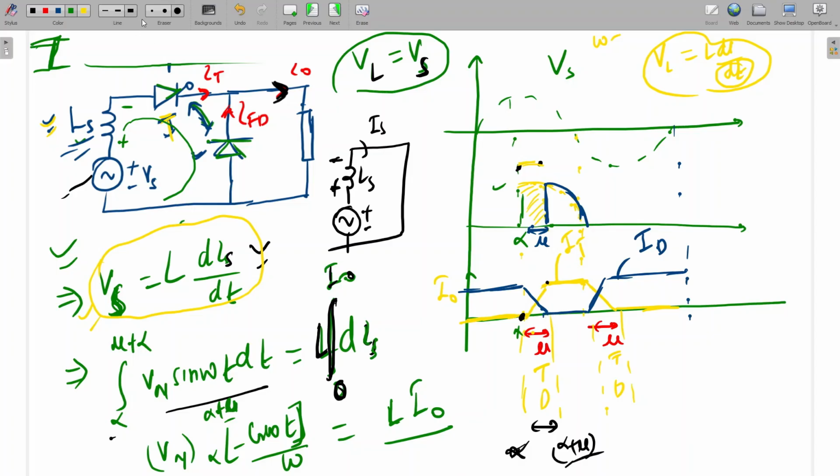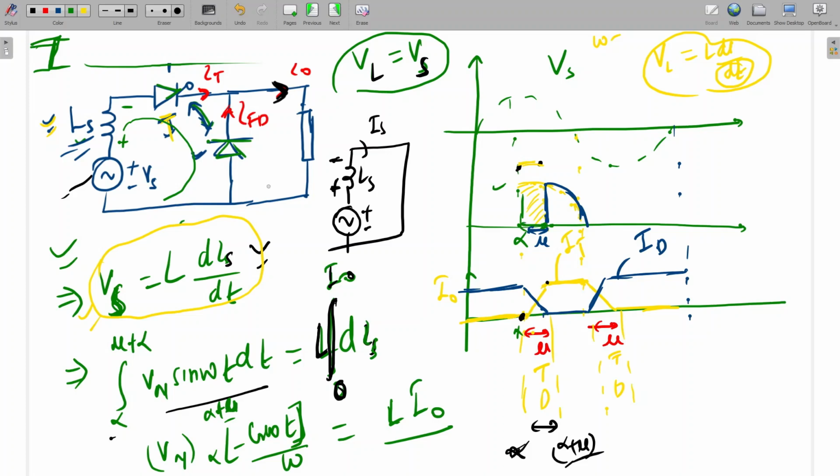What will happen during the overlapping period? Both the thyristor and diode will be turned on. Since the diode is on, the output voltage will be 0. That's why this yellow color should be the waveform without the source inductance. But due to the source inductance, this mu period is the overlapping period.